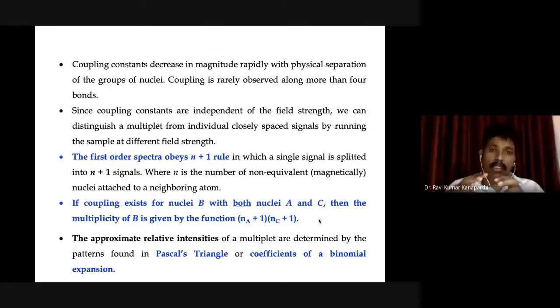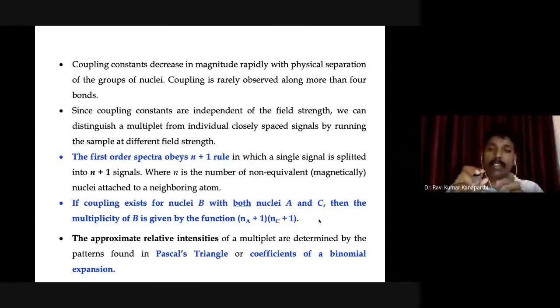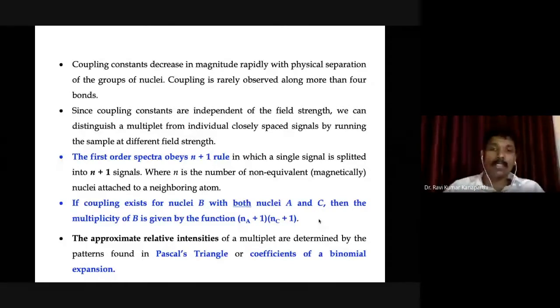That means that not only will it follow the n plus 1 rule, but if a nucleus is surrounded by different groups, not just one group, even then we can observe the splitting pattern accordingly. That is the point here.